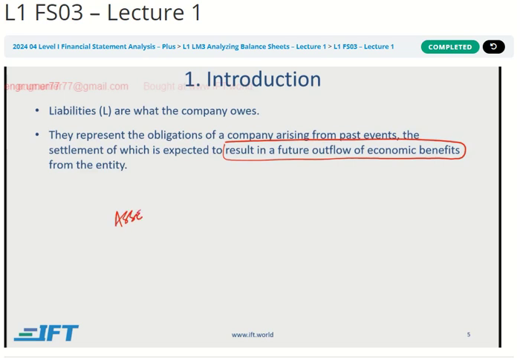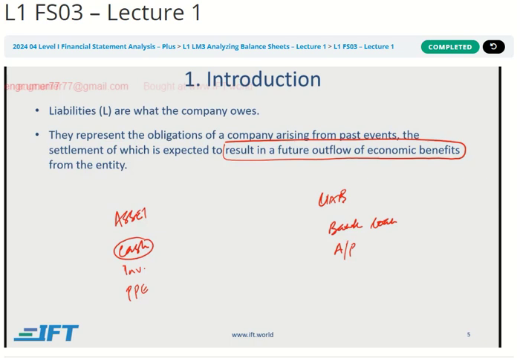Let's say on the asset side, you have cash or inventory or even your property, plant, and equipment, whereas on your liability side, you have a bank loan, right? Or you could have accounts payable, where you've bought some material from some supplier and you have to pay them. So cash can give you future economic benefit.